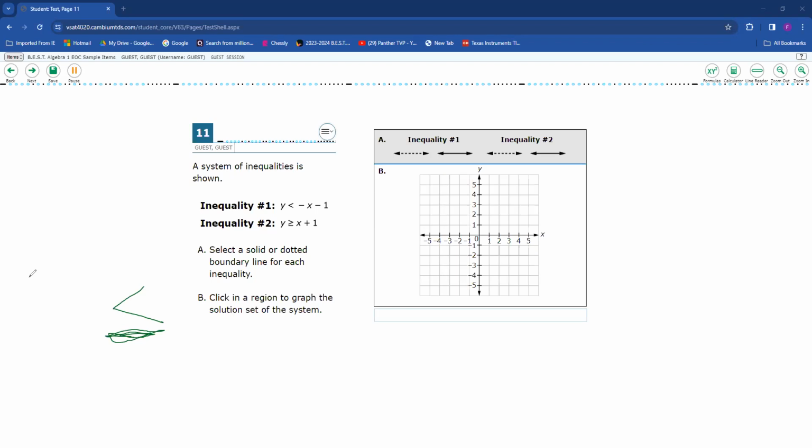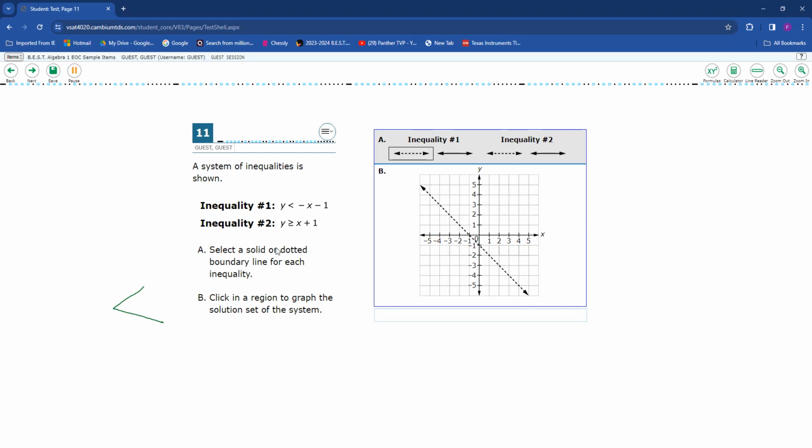When it doesn't have that, inequality number one does not have the equal sign under the less than symbol, so it's a dotted line. I just click on the dotted line and I don't need to calculate where the line goes. I just click on it and it gives me the graph of y is less than negative x minus 1. Notice the slope is negative. Notice the y-intercept right here, it's at negative 1.